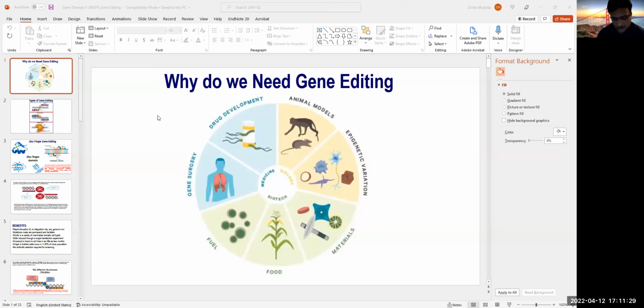But what happens is that when a technology is discovered, it comes to the public domain, then people have ideas, people have concepts, and they want to apply them in various model systems, right? For example, mRNA vaccines came for COVID-19.